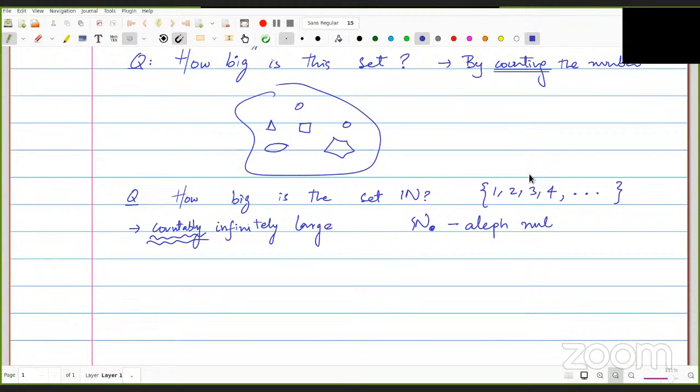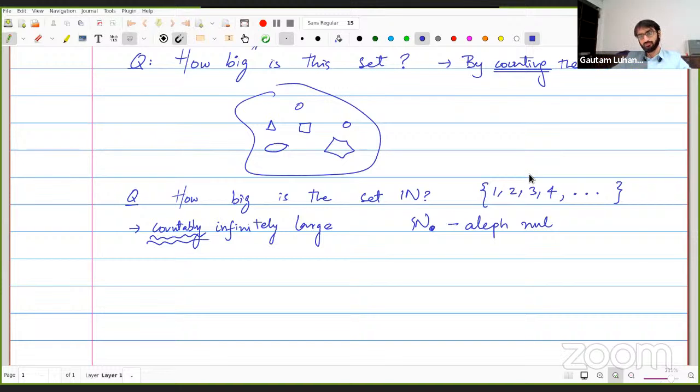Okay, so it seems that we need to be a bit more precise about what we mean when we say things are countable, and what exactly we are doing when we're counting things.